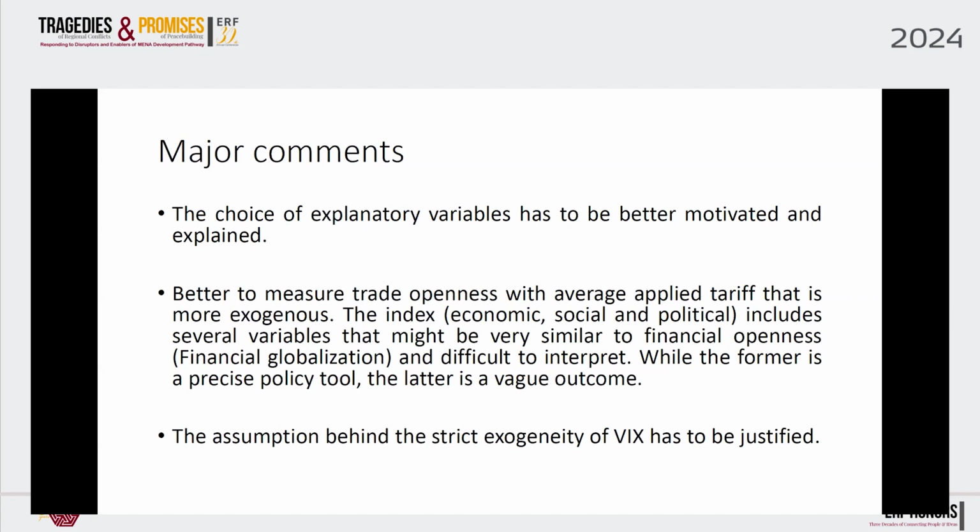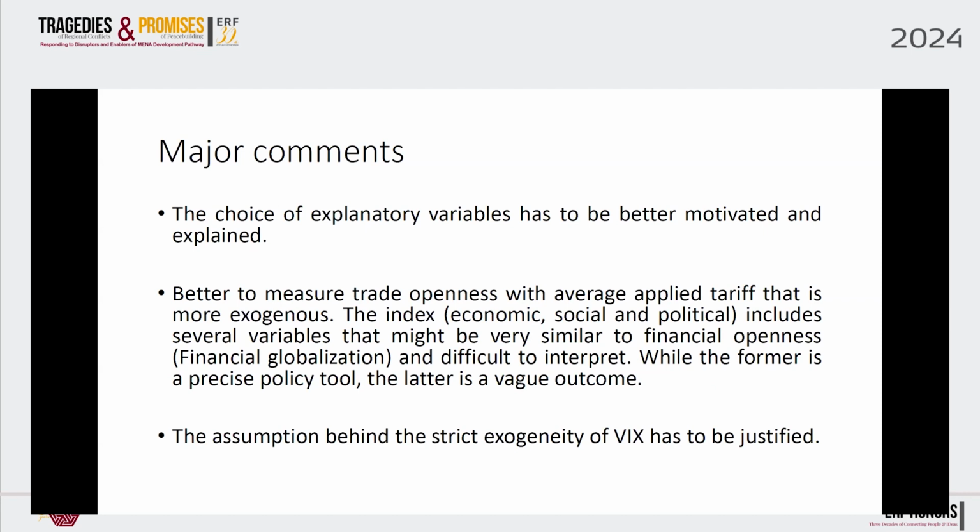Instead of using the index of globalization, because the index of globalization includes a lot of variables, economic, social, and political, right? So the economic is not very revealing because it includes several things, among them exports and imports. And in the economic also we have the financial globalization, which is a bit similar to your left-hand side variable, which is the IFI and the RFI.